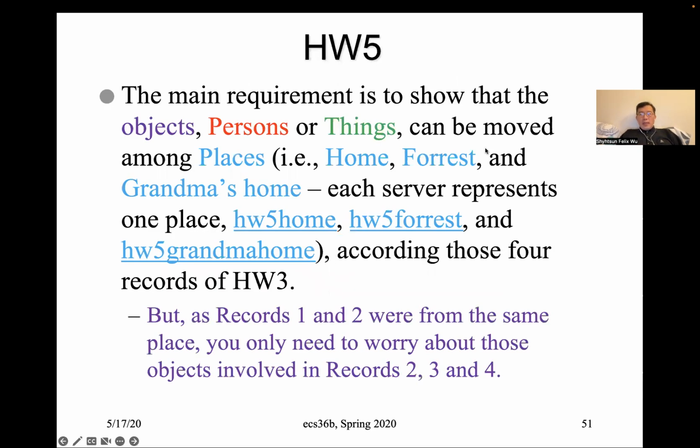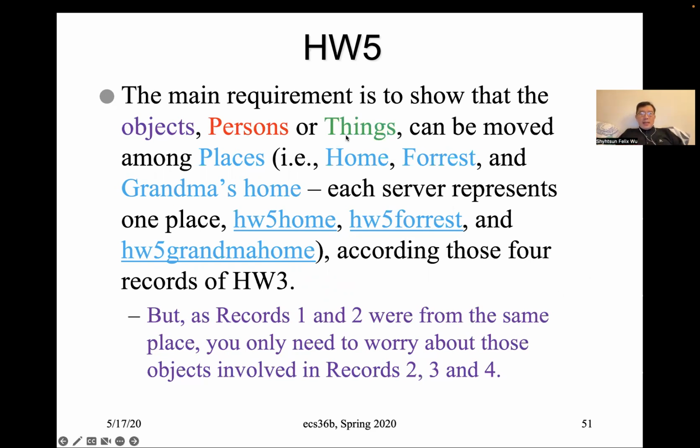The other thing I just want to wrap up is what homework assignment number 5 is trying to do. The main requirement to show for homework assignment number 5 is that the object, it could be a person, could be a thing, can be moved. What do I mean by move? I'm really talking about C++ to JSON, to RPC, then to JSON, and then to C++.